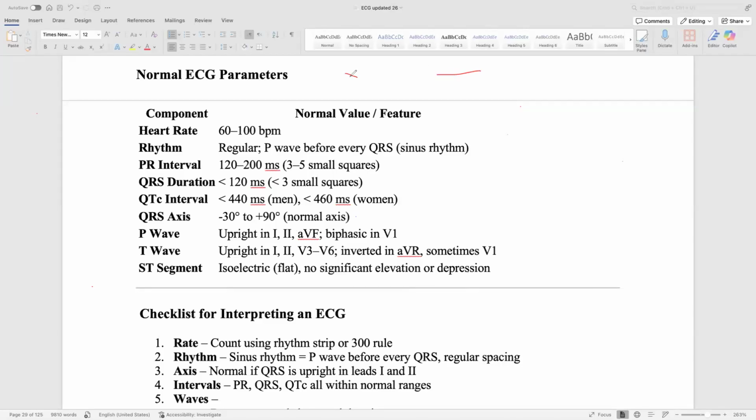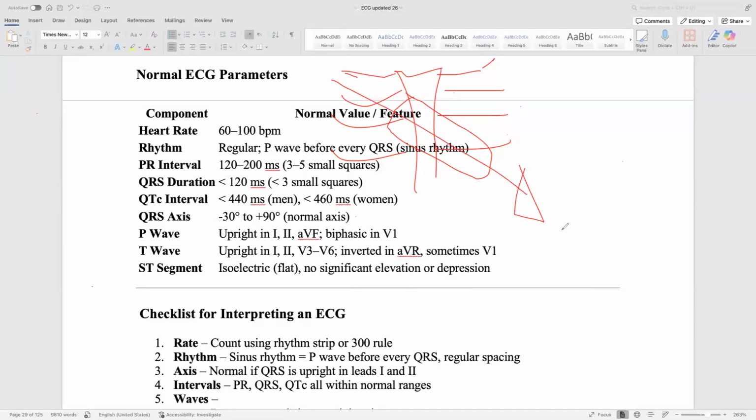If this is the chest, and the heart is located here like this, and the electricity is going in this direction, if we put electrodes here and here, it will be very positive, because the electrode here is measuring the electricity coming towards it, so it will be a positive deflection.